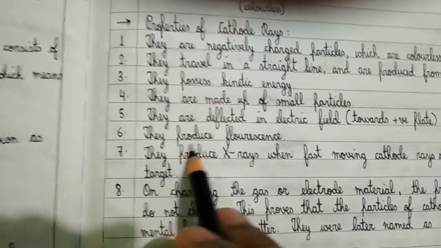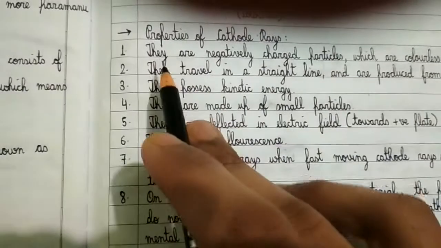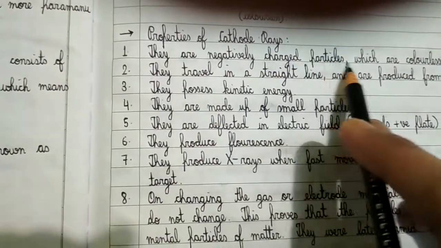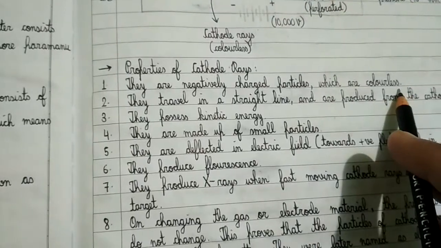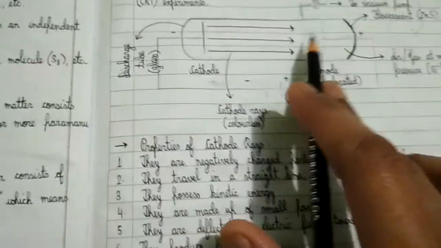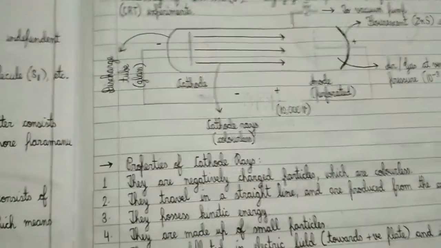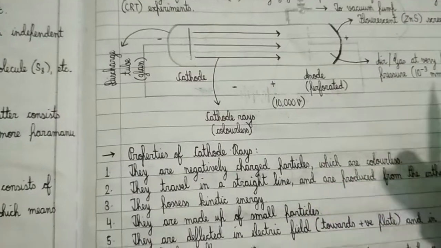The next thing is that they are negatively charged particles which are colorless. Since they are colorless, I already explained. Now, they are negatively charged particles. They are traveling from the negative side to the positive side, so definitely they are negatively charged. There is one more way to explain how these particles are negatively charged.